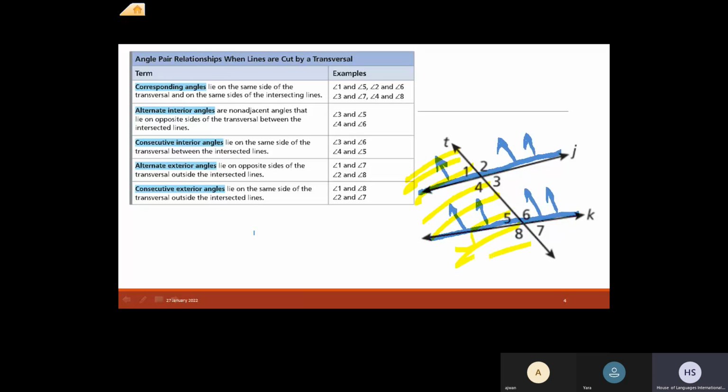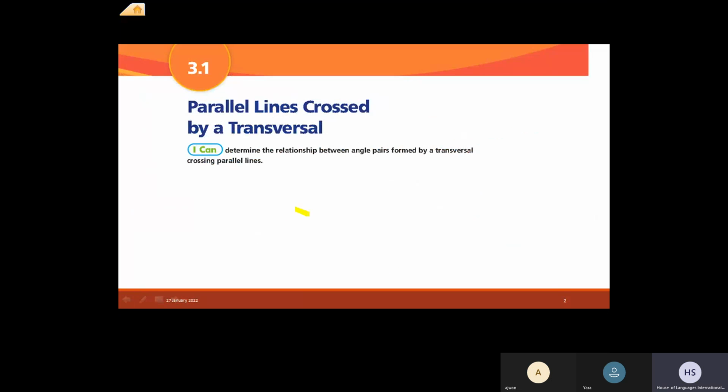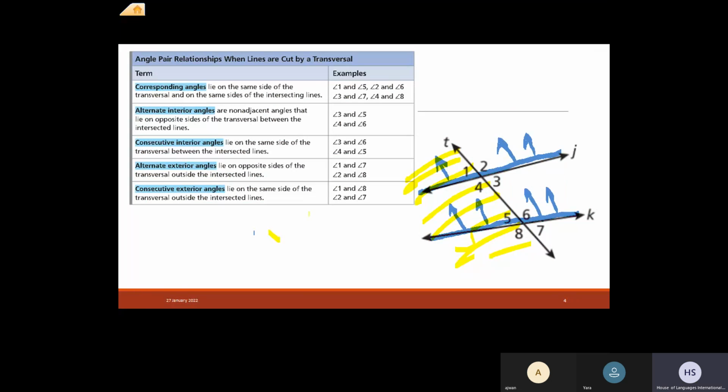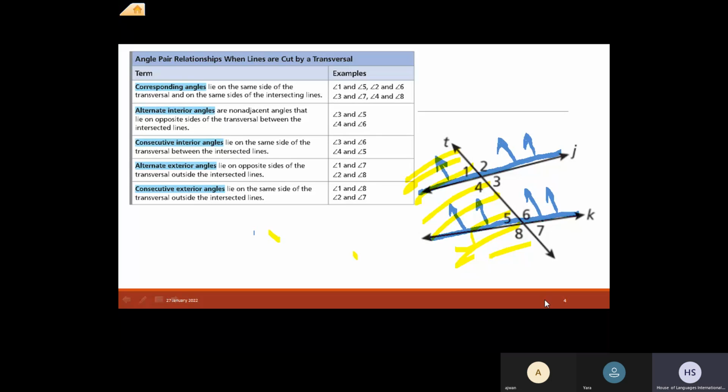So which angles are on the same side and both upward? 1 and 5, 2 and 6. 1 and 5, 4 and 8, they are on the same side. 1 and 5 are both up. 4 and 8 are both down. 2 and 6 are both up on the right. 3 and 7 are both down on the right.